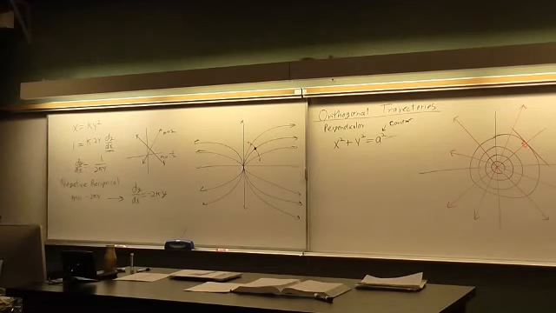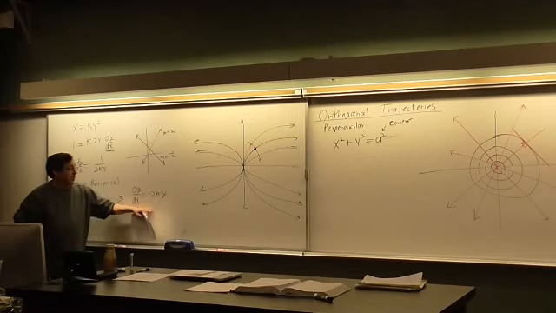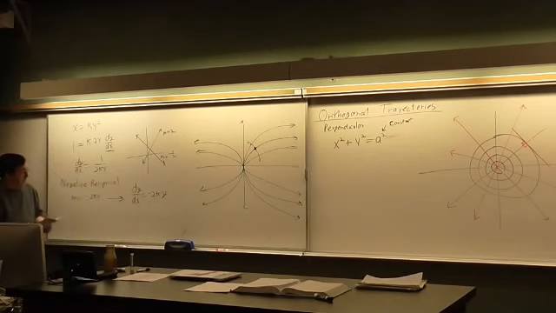Now that looks like what? Separate the variables: move the y to the left and the dx to the right, and integrate both sides. Yes, we're getting there, thank you. This is a differential equation, right? That's what we've been studying.